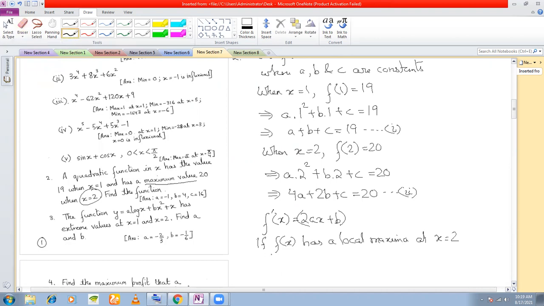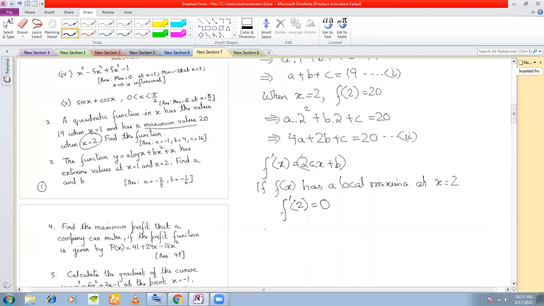Whether maximum or minimum does not matter, but f dash 2 must be equal to 0. Now put it here. What is f dash 2? 2a into 2 plus b must be equal to 0. That means you get 4a plus b is equal to 0. This is the third equation.